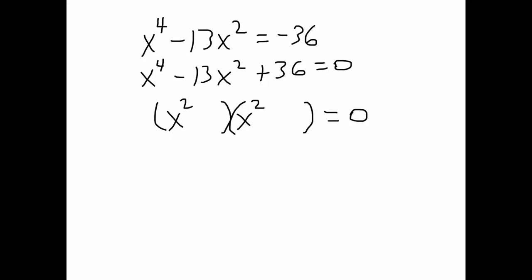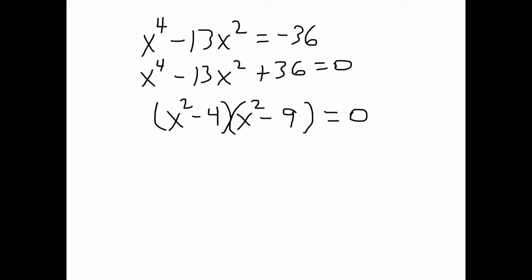So if we make both 4 and 9 negative, we know that negative 4 plus negative 9 is a negative 13, and negative 4 times negative 9 is a positive 36. So it appears that we have factored this trinomial into two binomials.